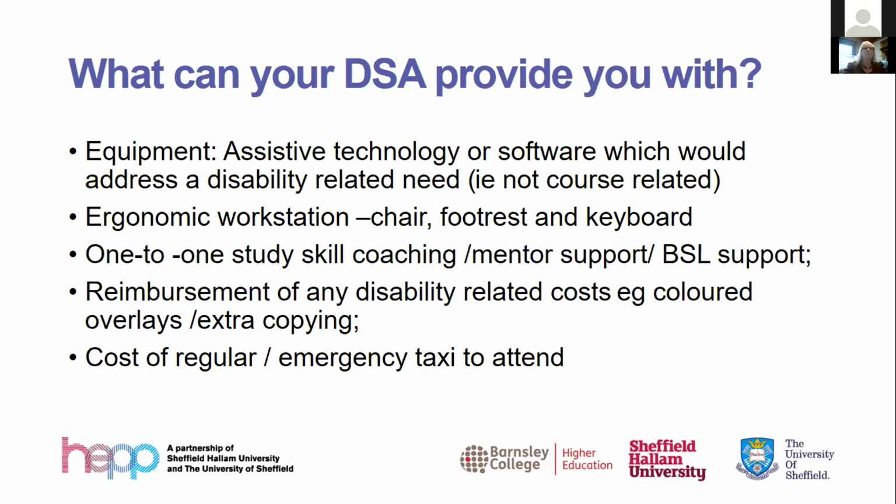So there is a judgment to be made in each area of how best to spend that £25,000. The £25,000 is for the whole of the 3 years. You don't have to spend it all at once. It doesn't all come at the beginning. You might find in year 2, you need a bit more of this, or you need to reduce your dyslexia sessions, or you need to increase your mentor support.